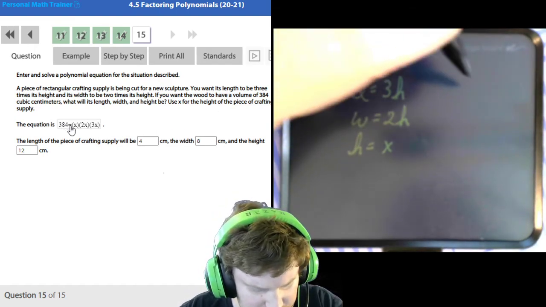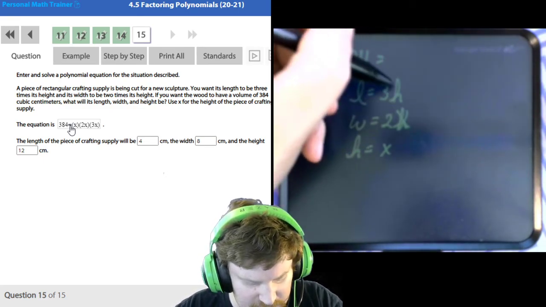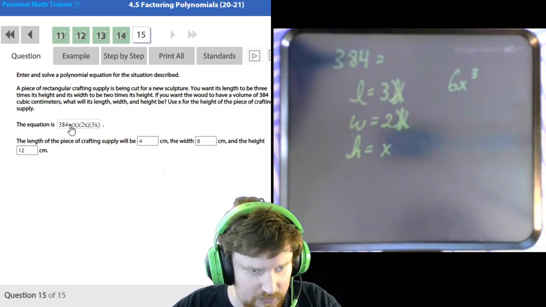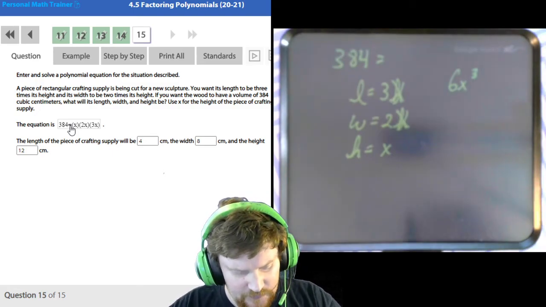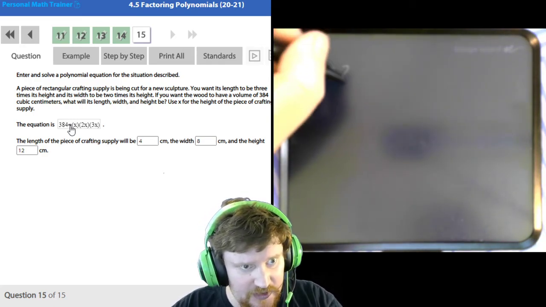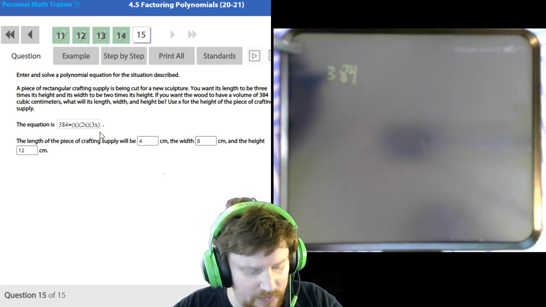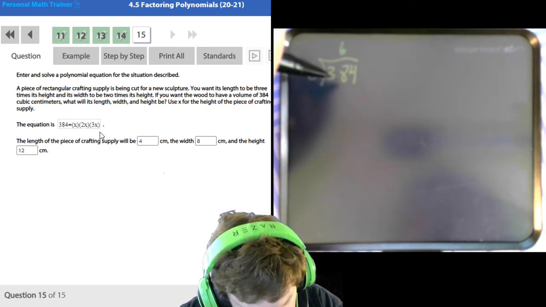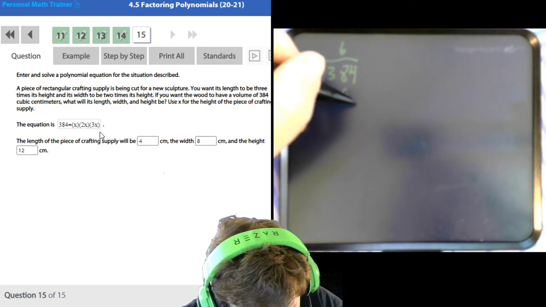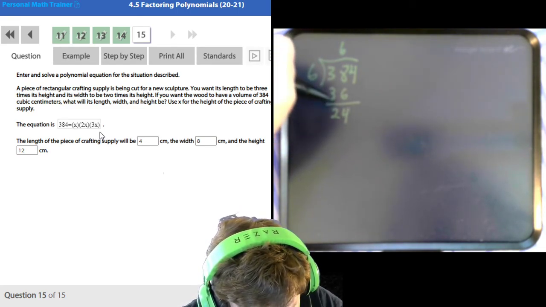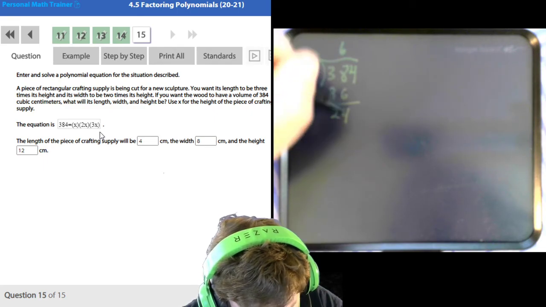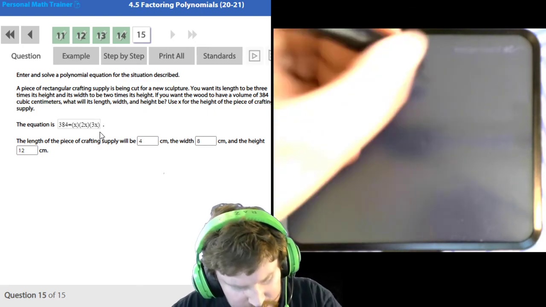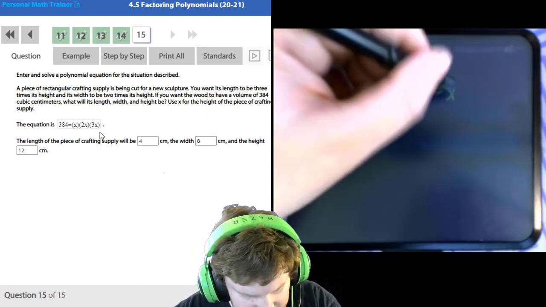So that ends up being x and x, so 6x cubed is 384, divided by 6. 6 is 36, is 24. 6 times 4 is 24, so 64 equals x cubed.